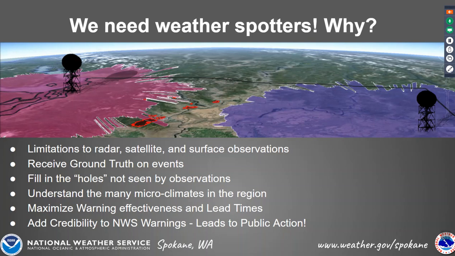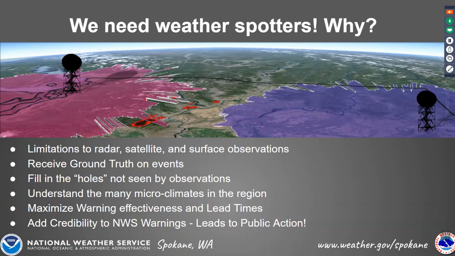So why do we need spotters? Well, we need spotters because if you look at this radar picture here, you can see this pink is Seattle's radar, and this kind of purpley blue is our radar. And you can see right here in the middle that there isn't very good radar coverage.